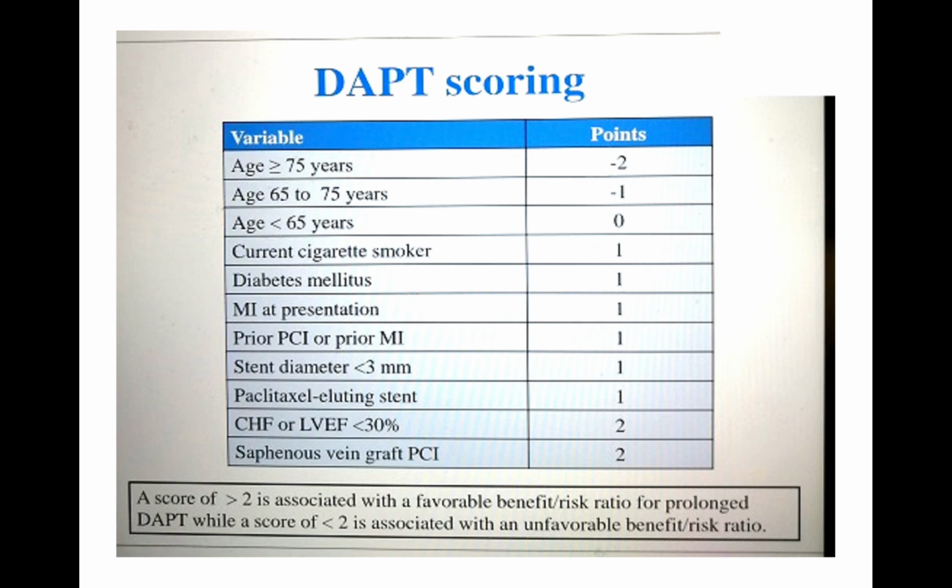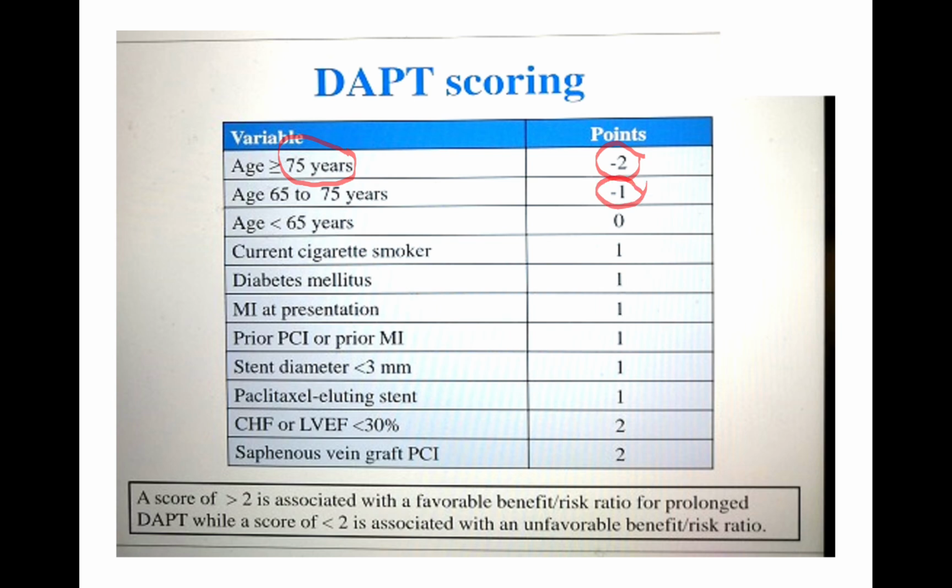Now, dual antiplatelet therapy scoring. Why do we have this score? If your patient is 75 years or older, you give him -2 points. If age 65 to 75, you give him -1.